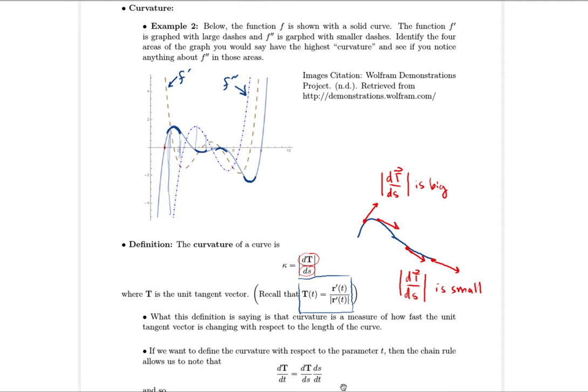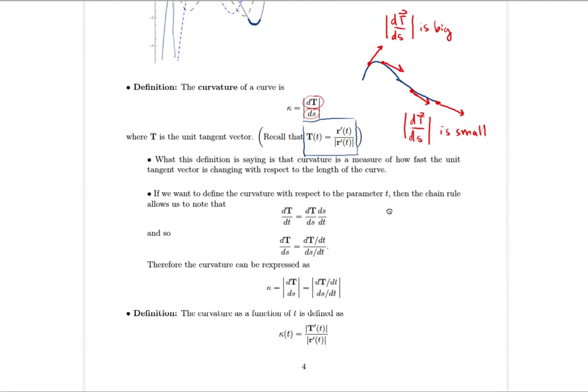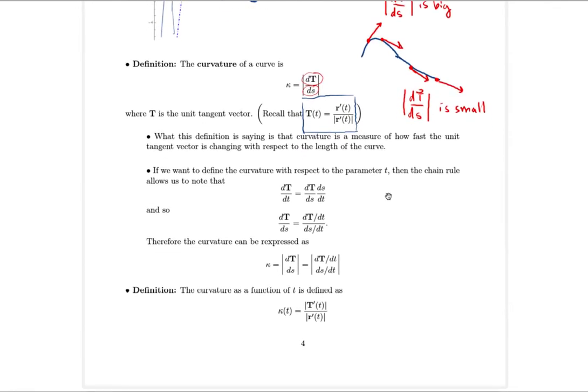So down here we have some insights. First of all, if you take the derivative of the unit tangent with respect to t, you can write it as the derivative of the unit tangent with respect to arc length, and then times the change in arc length over change in time, or the derivative of arc length with respect to time, right?